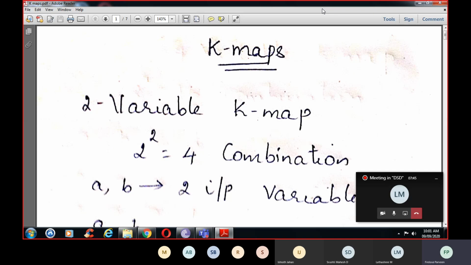It is a pictorial method which is used to minimize a Boolean expression without using any Boolean laws. Previously, in first year, you might have reduced expressions using Boolean laws, but here we'll not be using the laws, we'll be using the K-maps, which is also called Karnaugh map.